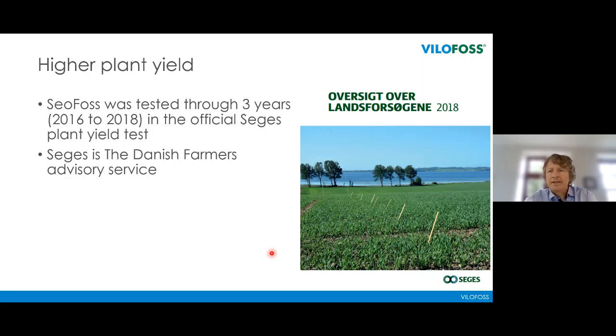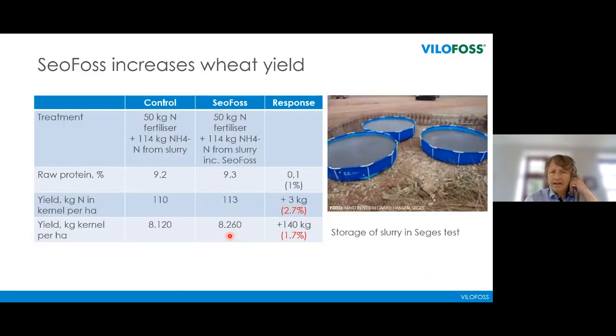And if you do not know the institution, it's the Danish Farmers Advisory Service, which is doing this test. The average of these 3 years of tests is shown here in these tables. The interesting thing is they measured the yield, the kilograms of nitrogen in the kernel per hectare harvested.